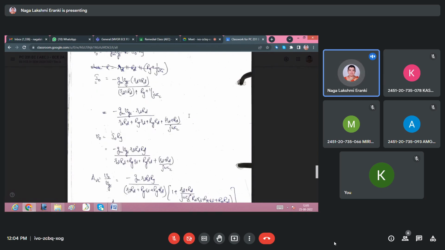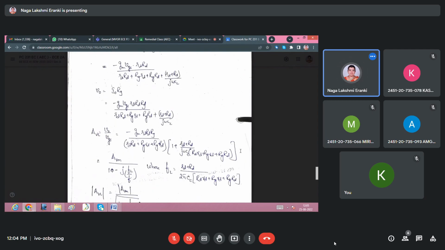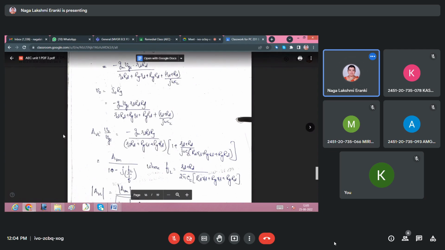Just simplify this equation and multiply with Rg, then you will get the simplified value. As I said, you have to simplify the given circuit so that in the denominator you get 1 plus j something.